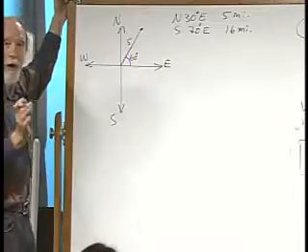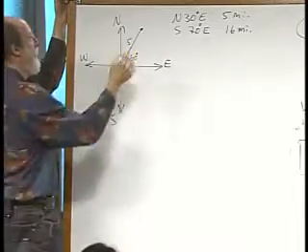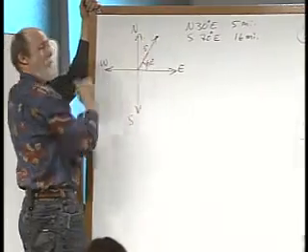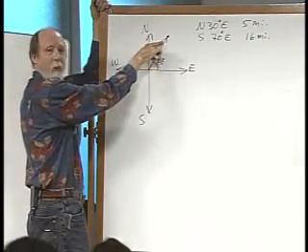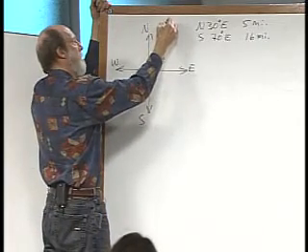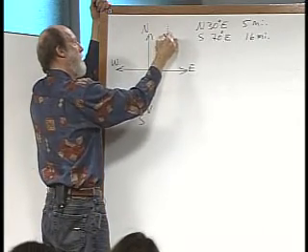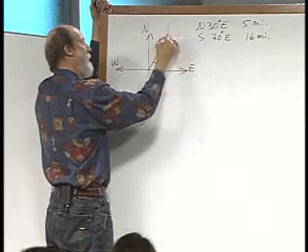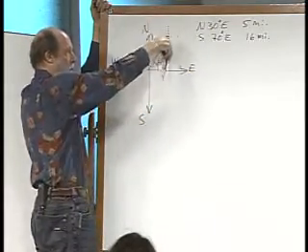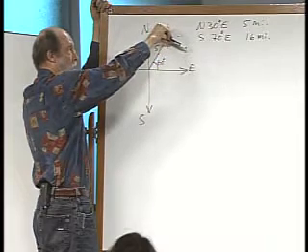Right? Let's draw it. We're at this spot up here, aren't we? Oh, and let me put an arrow on there, right? See the arrow? That's important. It's a vector. Now, you're up here, and you got your compass with you. And you're now going to go south 70 degrees east.